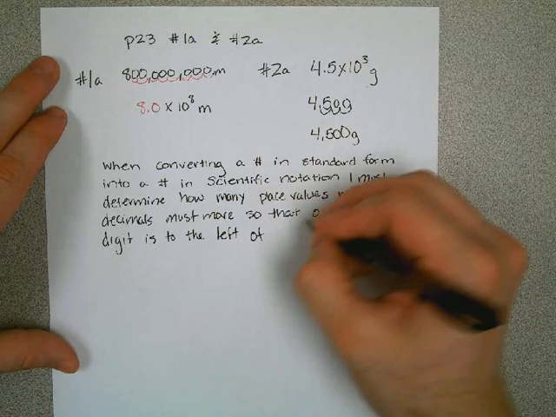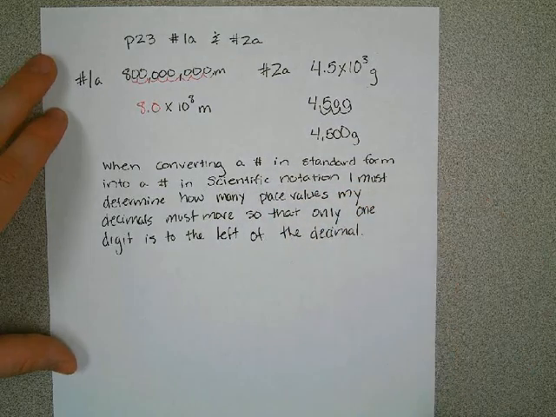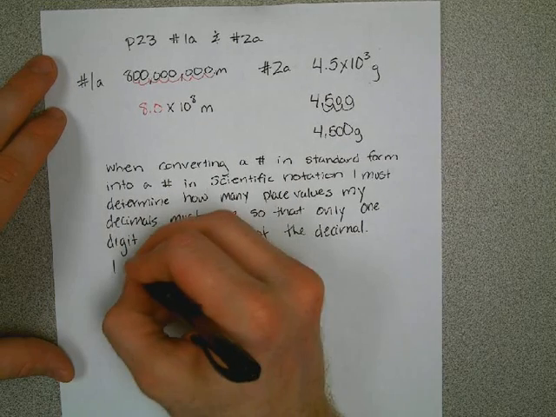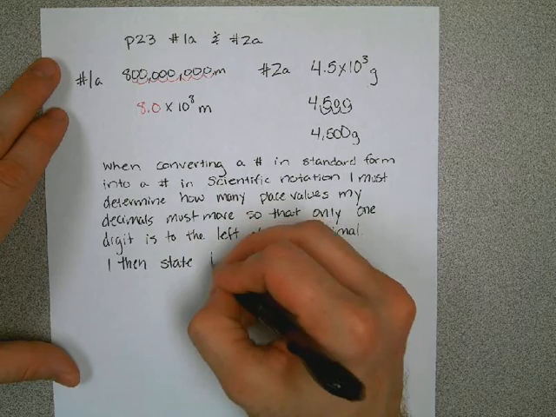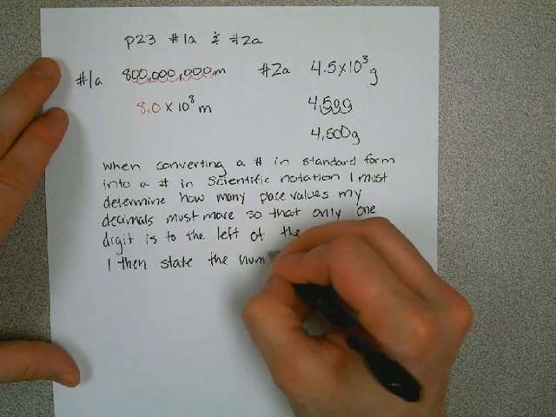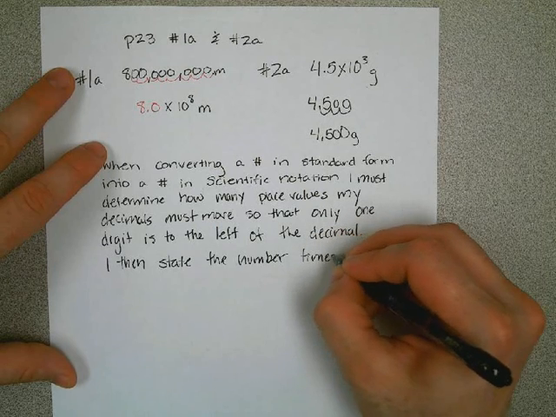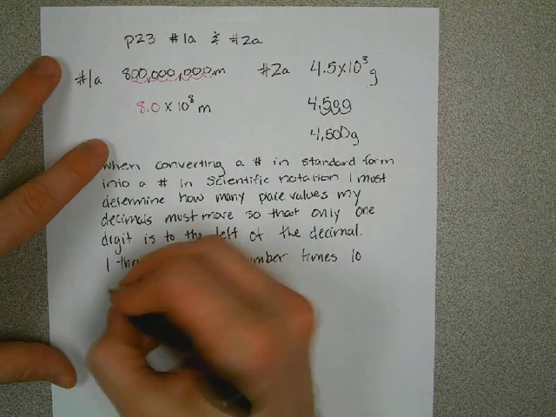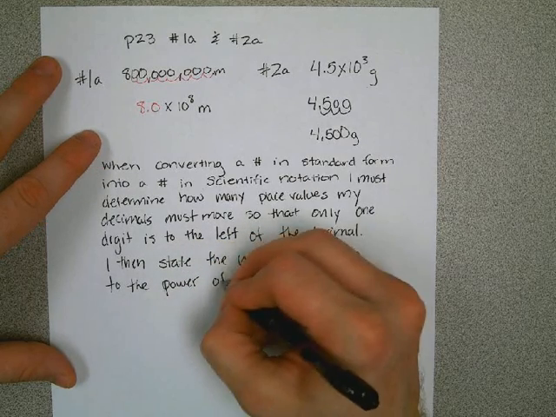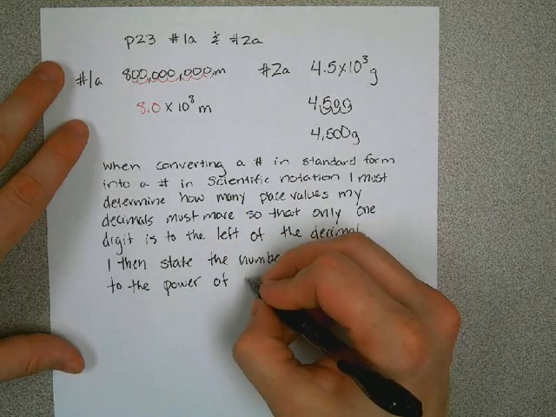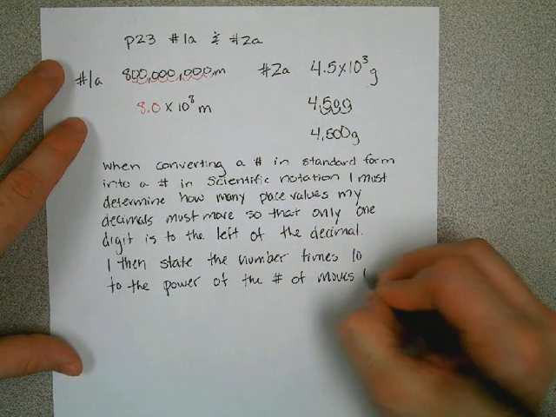Then state the number times 10 to the power of the number of moves I made. My answer is 8.0 times 10 to the 8th power.